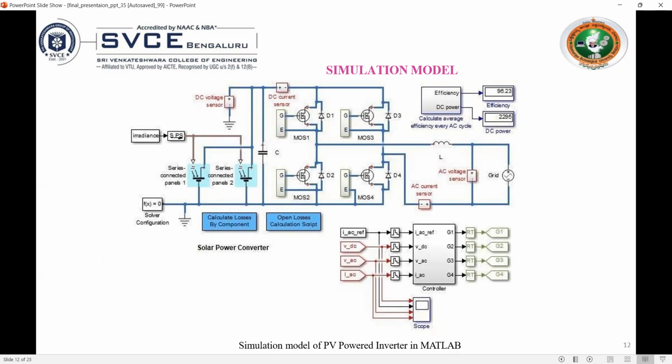Sunlight won't be the same throughout the day: in the morning it is less, in the afternoon it is high, and in the evening it is less. So the capacitor is used to get a constant current, and then it goes to our MOSFETs MOS1, MOS2, MOS3, and MOS4. D1, D2, D3, and D4 are the freewheeling diodes, which prevent the reverse flow of current. Then comes an inductor, and then our grid.